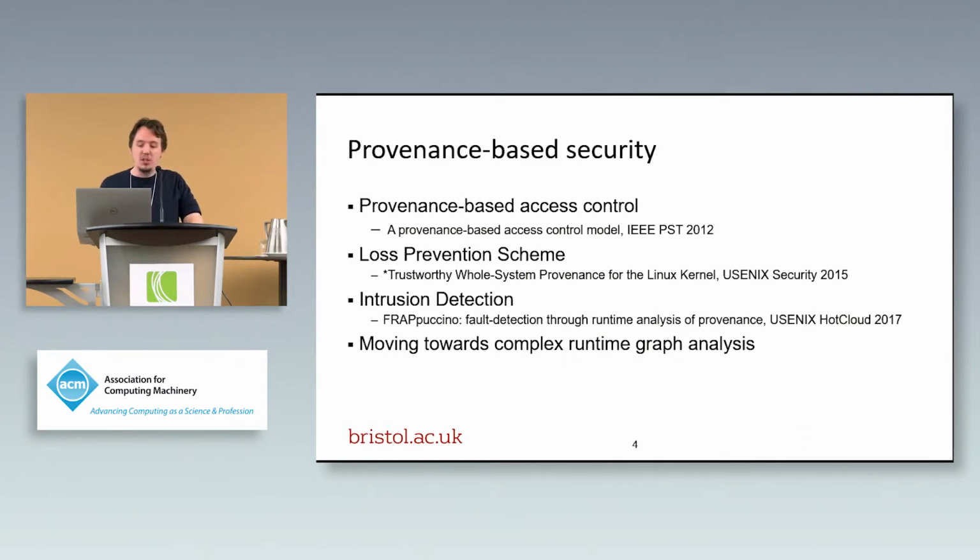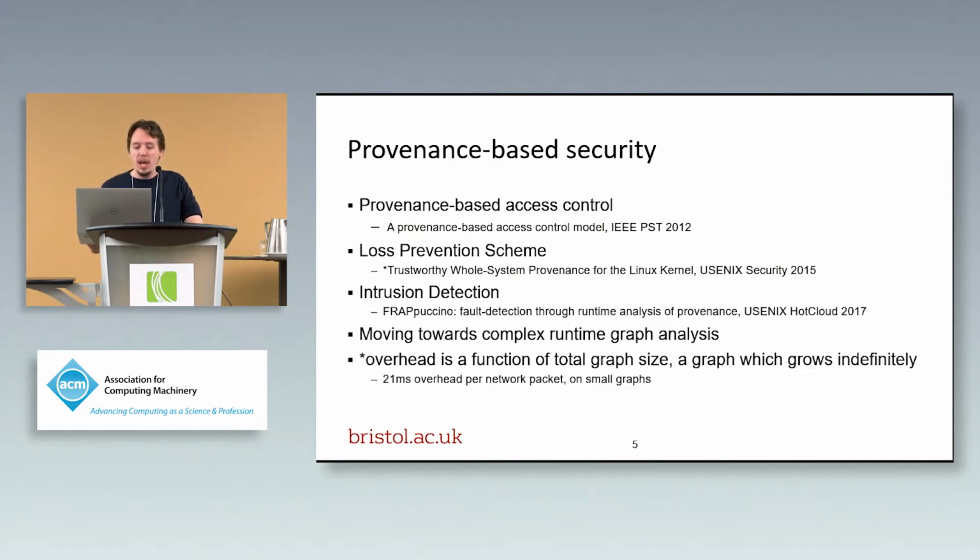And so the thing is, we're moving towards complex runtime graph analysis. So it started from simple dependency, and now we are trying to do more complex graph analysis at runtime. And the problem is that the design of provenance systems didn't change much from the time where we were doing scientific reproducibility.